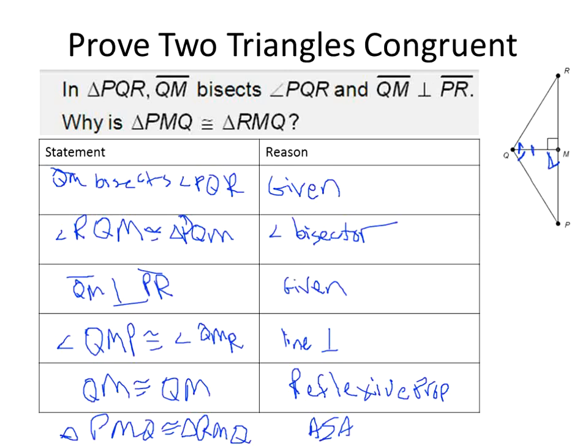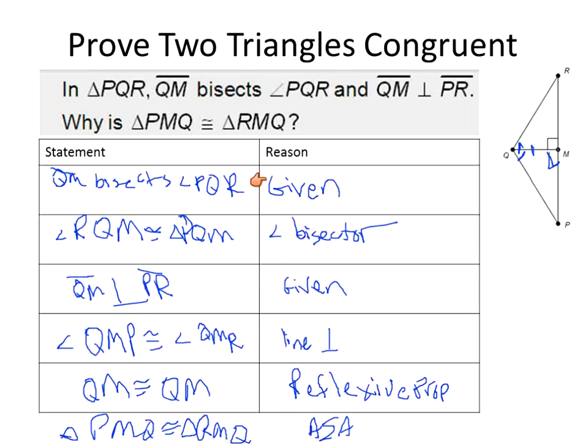All right. And so we've got a little bit of an idea of what we're doing with proofs. Just to review, remember that in proofs you're given some information, like we were given here, and you need to use that information to show somebody else why the proof part is true.